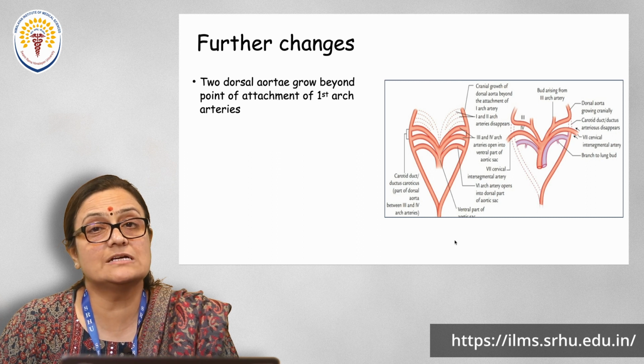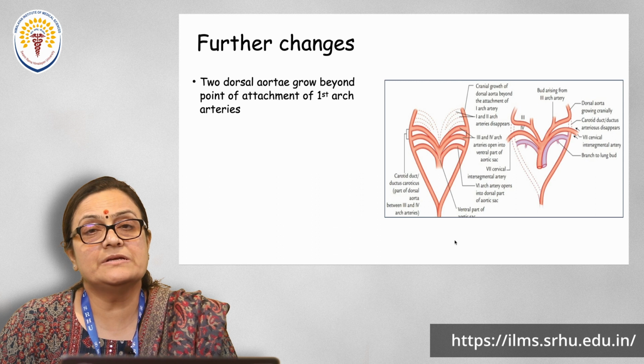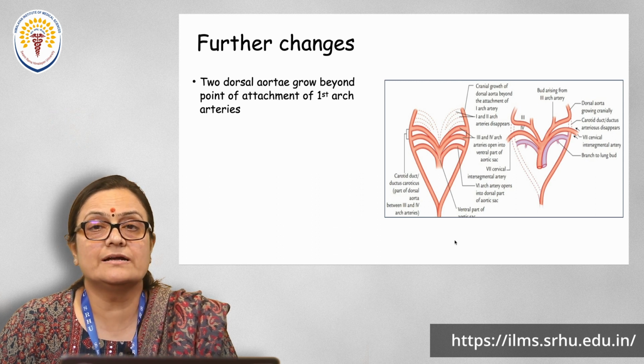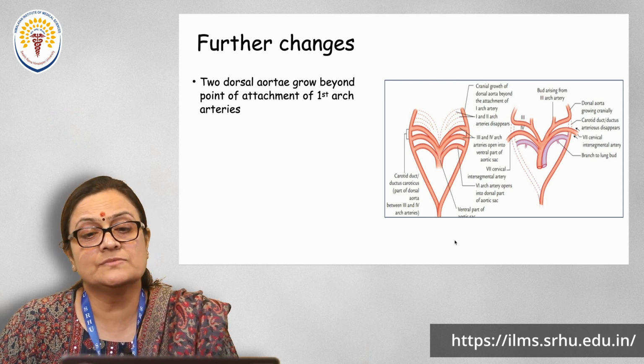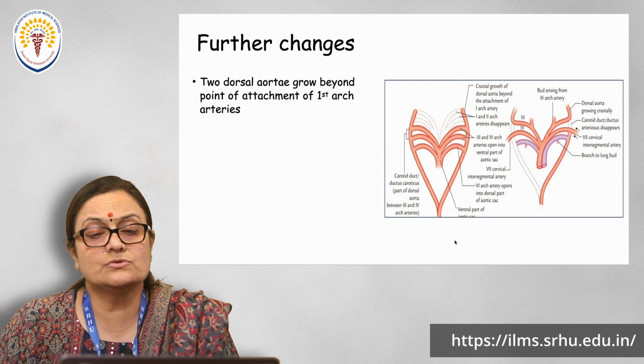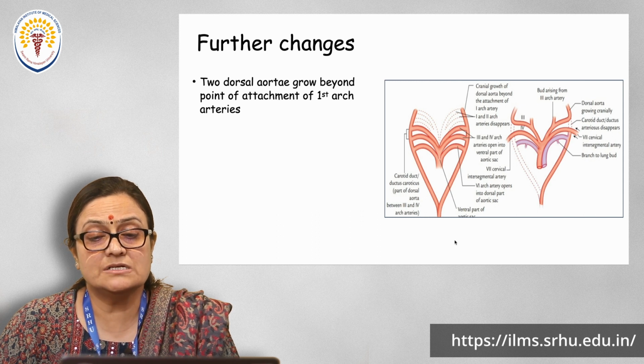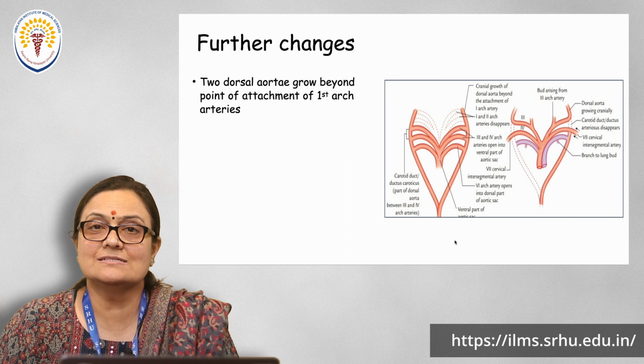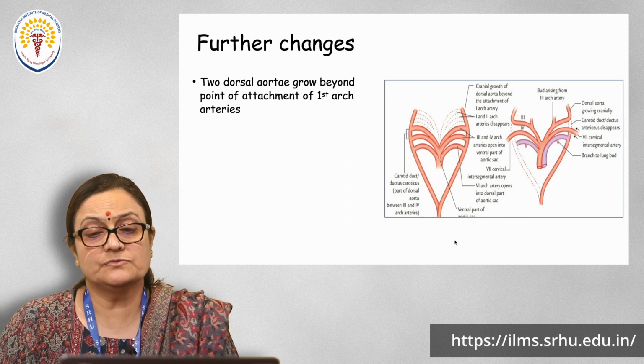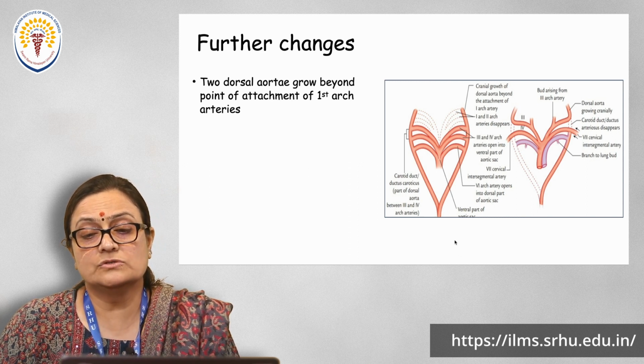The remnant of first arch artery is, let us revise again, maxillary artery, and the remnants of second arch artery are hyoid and stapedial artery. Those two arches have been shown with dotted lines, but we can see clearly the third arch artery, the fourth arch artery and the sixth. So, where is the fifth? The fifth has disappeared. So, focus on third, fourth and sixth.